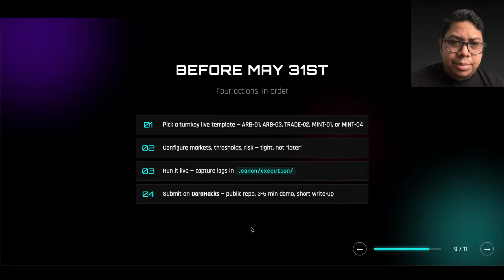Configure it for the specific market, the threshold, the opportunity windows. The most relevant thing to configure is your edge, opportunity, threshold, and risk.